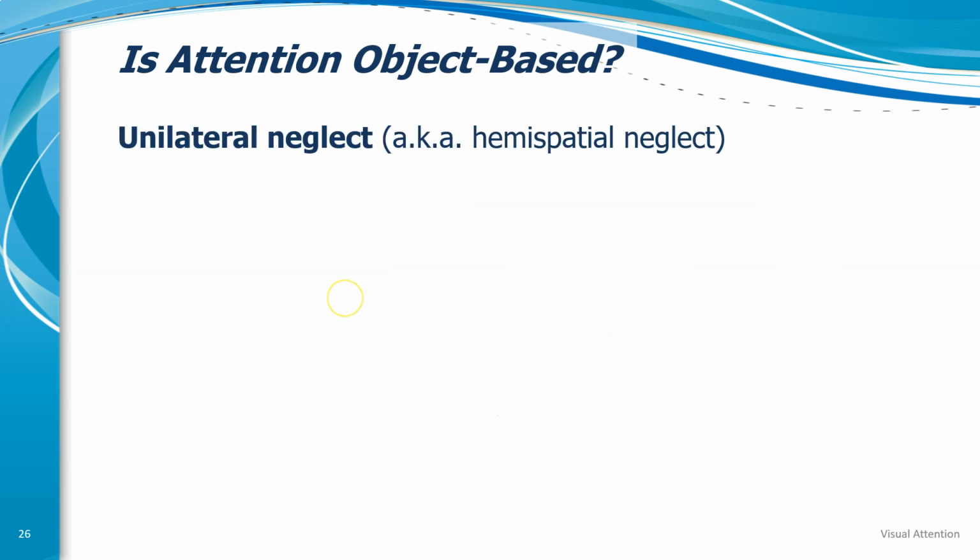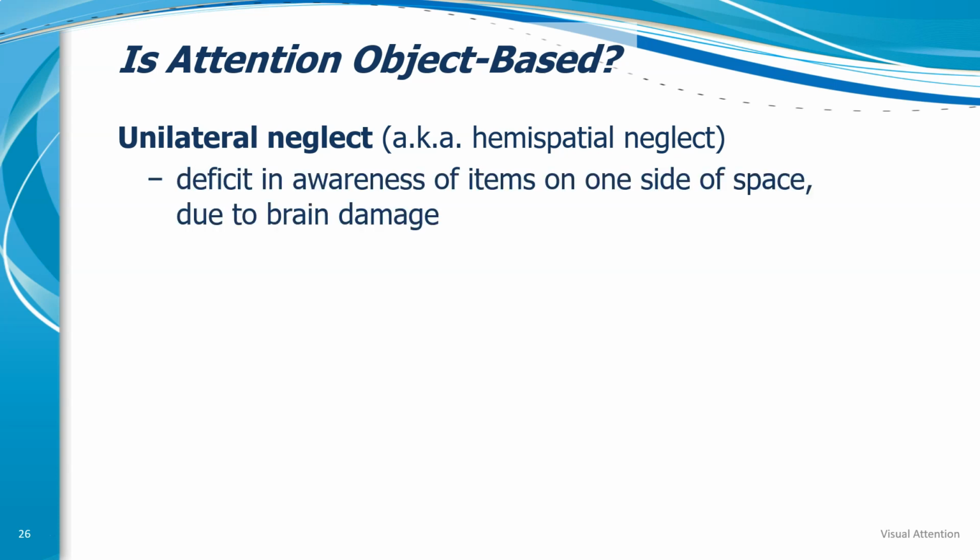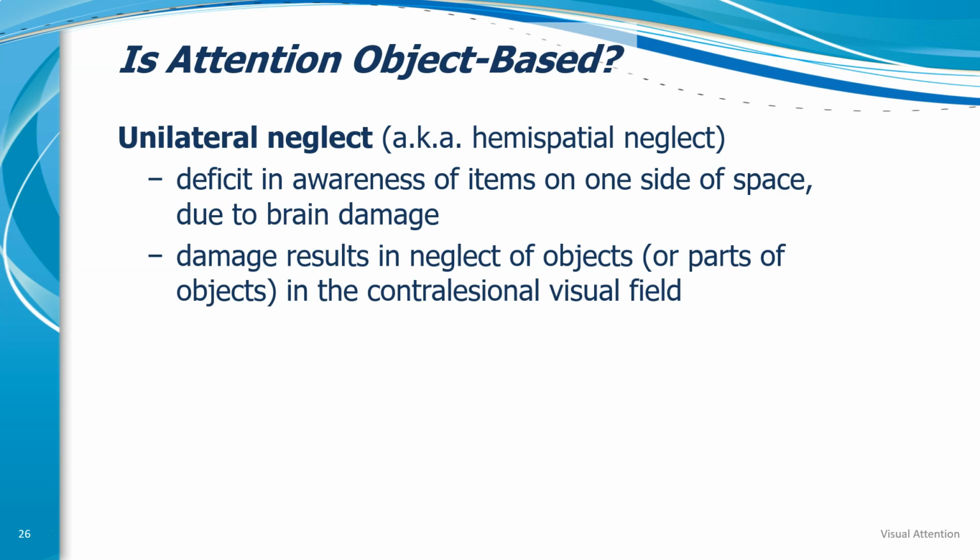There is another syndrome that I'd like to introduce called unilateral neglect, also called hemispatial neglect. This is usually the result of brain damage. It is a deficit in your awareness of items on one side of space, interestingly. People who experience this kind of brain damage will neglect, that's the word, an object or a part of an object in the contralesional visual field.